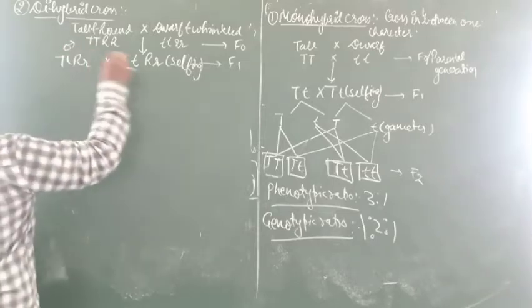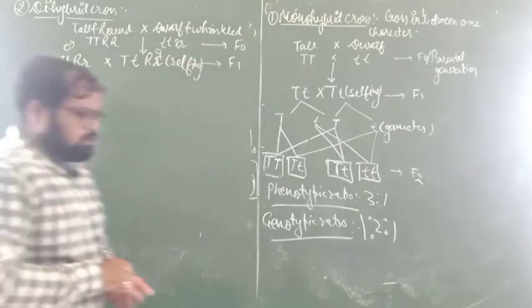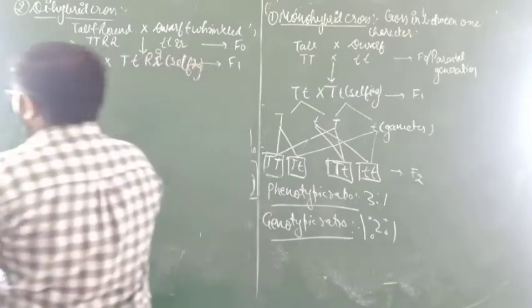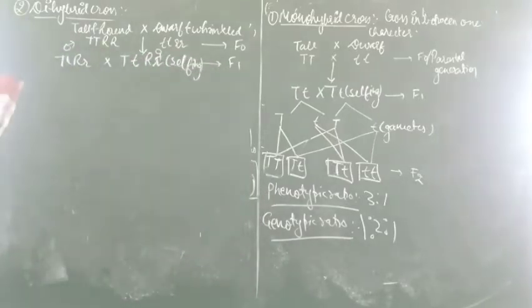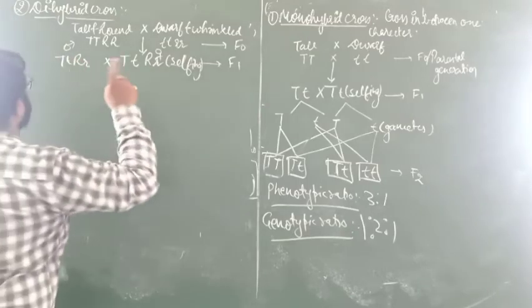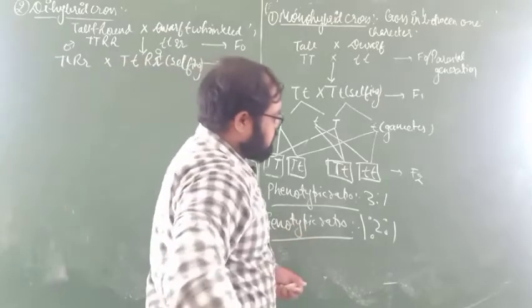Suppose this one is the male and this one is the female. So let's start making them. Suppose here is a multiplication sign. Let me erase it, or here we will try.